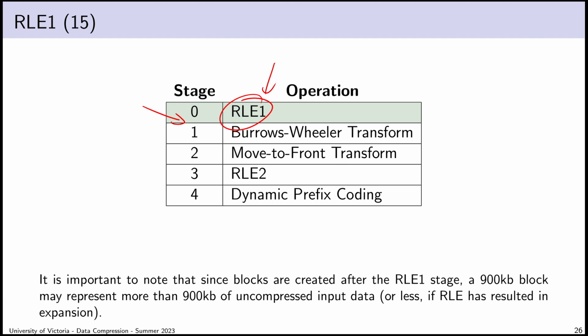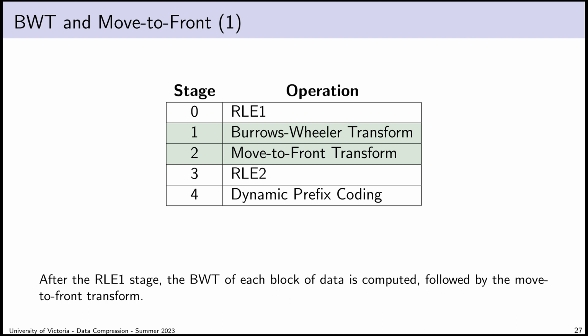If I know that all of my blocks are exactly 900K, I could reuse the same array over and over again to compute BWTs, whereas if the amount of data that ends up in the BWT changes at each step because the block was packaged up too early, then I have to make new arrays or something, and that might be a little bit of a mess. So one way or the other, we make blocks, and then we feed those blocks through the BWT and the Move-to-Front transform.